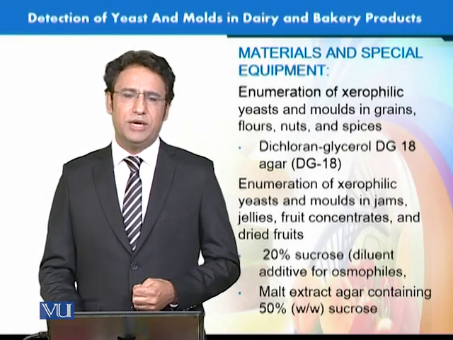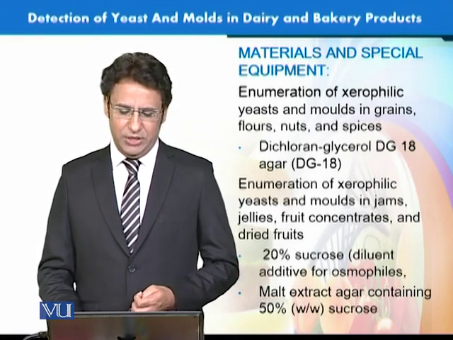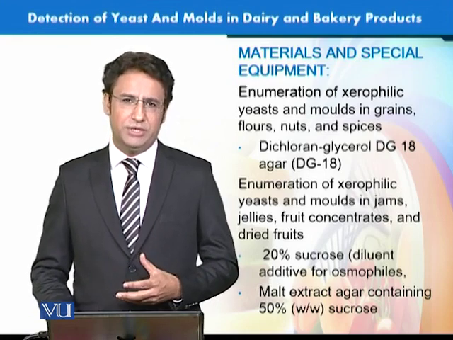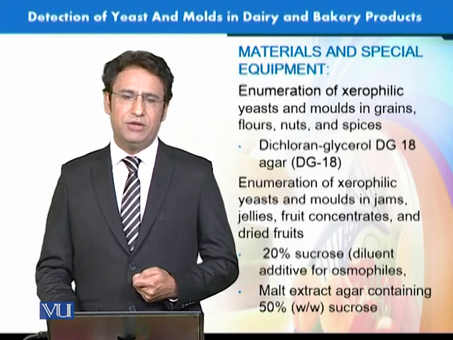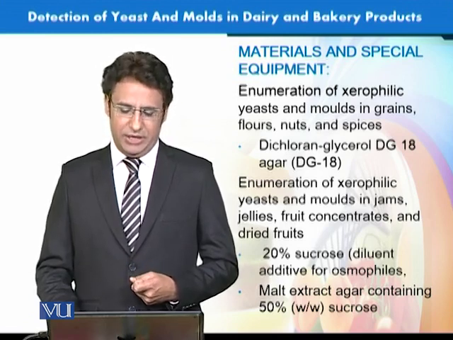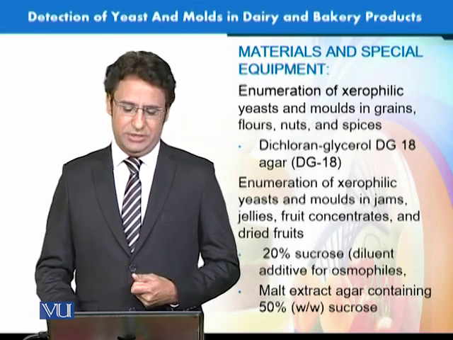As I said, they are different for different kinds of food. If we are dealing with grains in which we want to measure yeast and molds, then we use the media called DG18, which stands for Dichloran-glycerol 18.